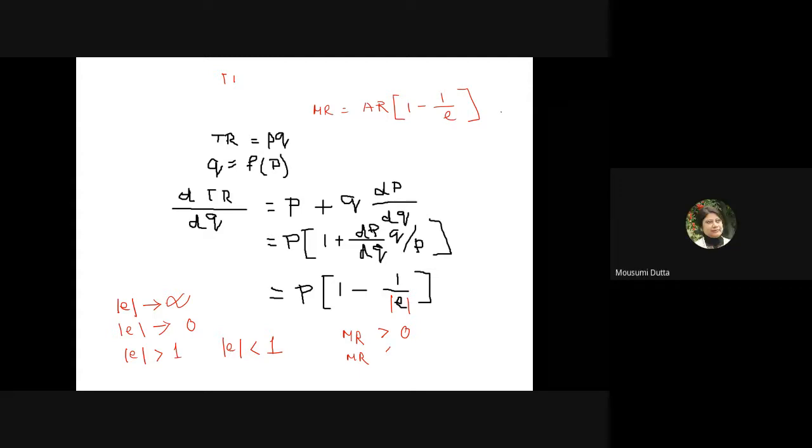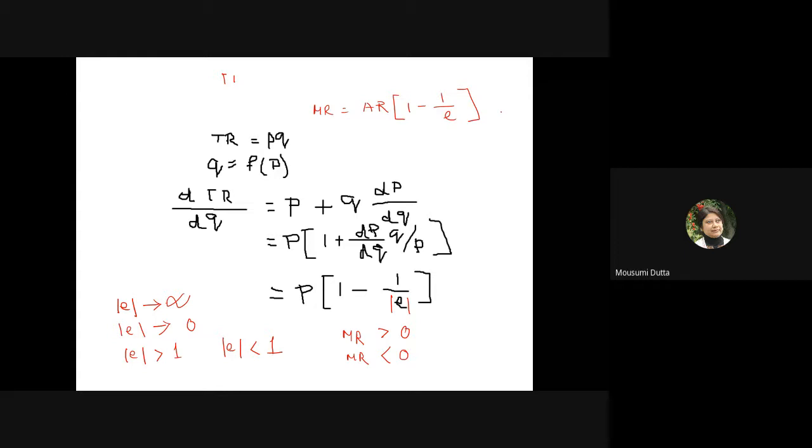So as the selling amount is increasing, change in revenue, dTR by dQ, that is falling as the producer is selling more and more. The marginal revenue, that is change in total revenue due to change in Q, that is decreasing.